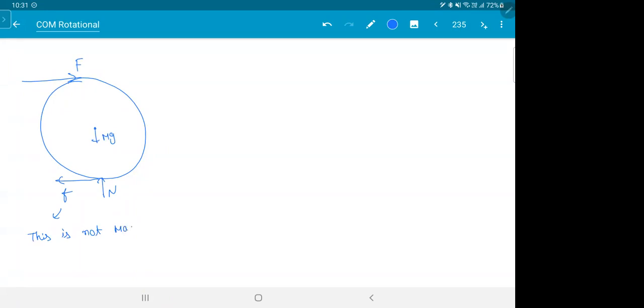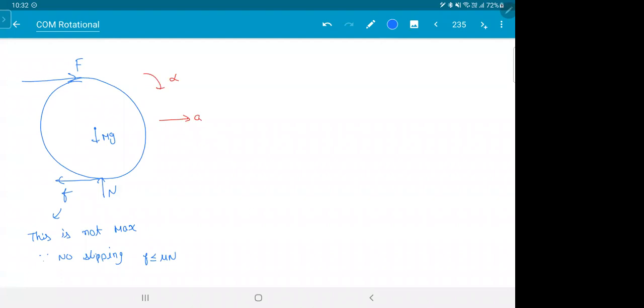Don't write F is mu mg, since there is no slipping. If it is not slipping, I don't know what the friction value is. It is less than mu n. So F is less than or equal to mu n. This much I know. So don't write F is equal to mu mg there, because it's not slipping. You don't know the exact value. Clear? Then acceleration, alpha.